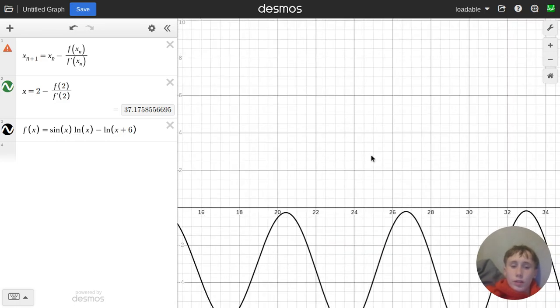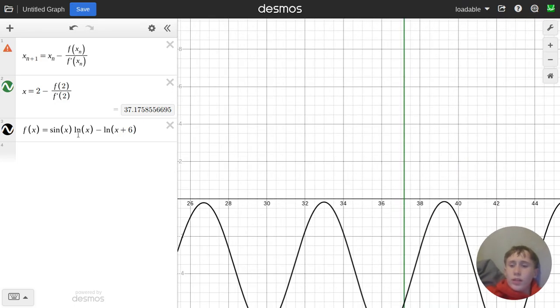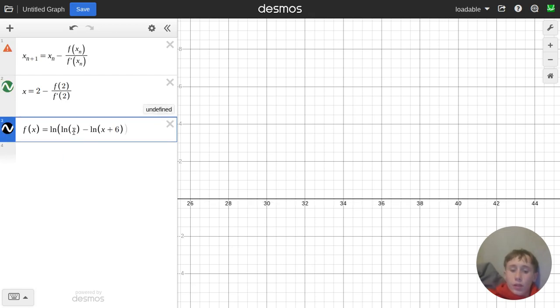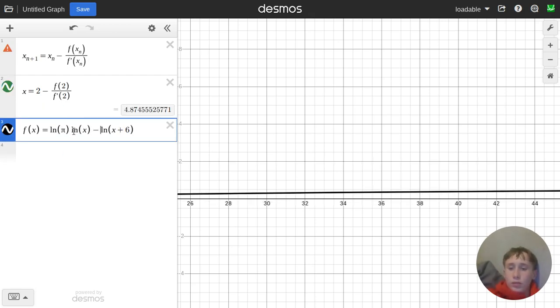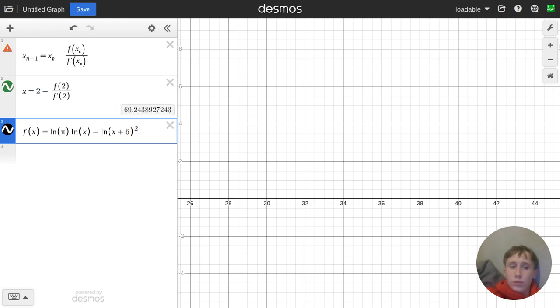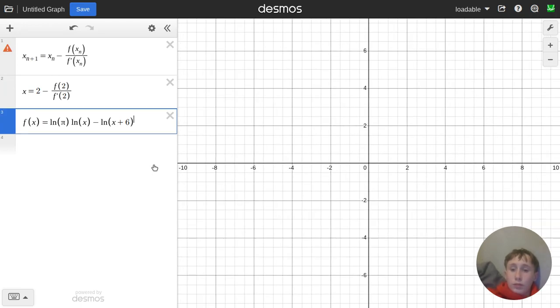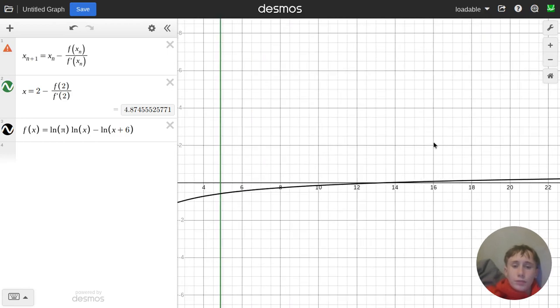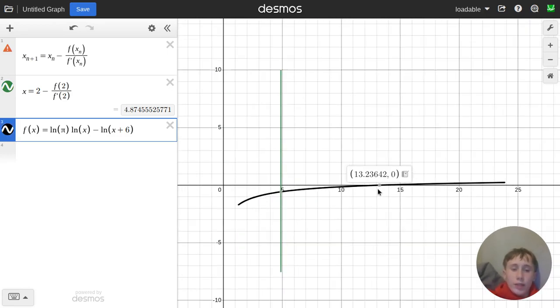What even is the x-intercept for that? I don't know. Let's go ahead and get rid of this sine, because I don't really want to have to deal with that. Pi. Okay. So we have this, and I think we would be looking for this x-intercept here.